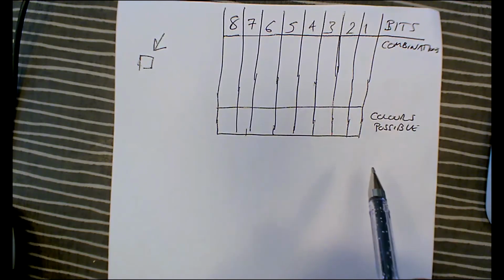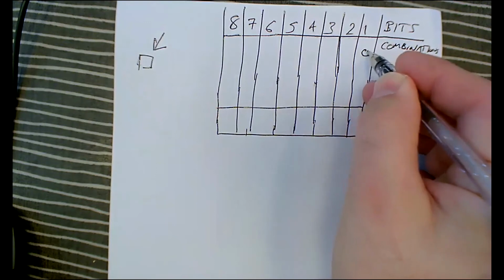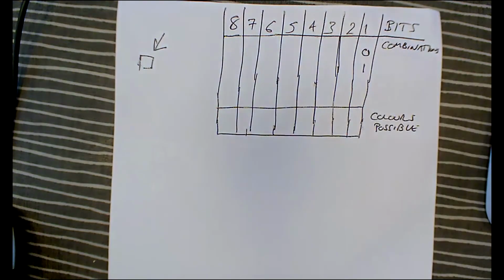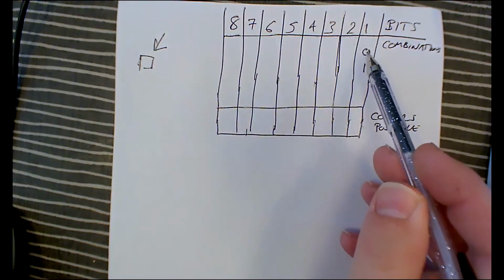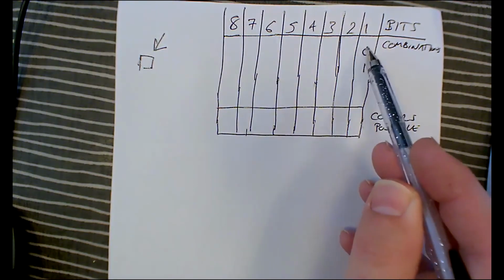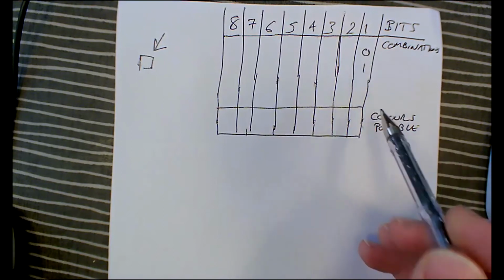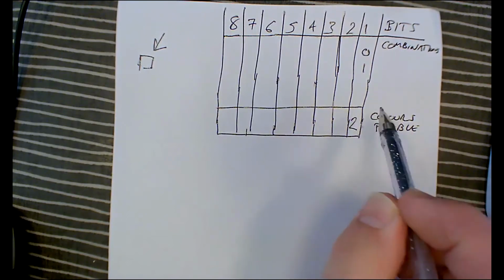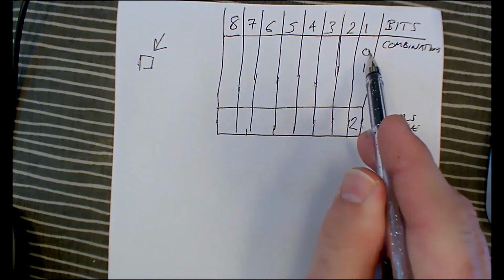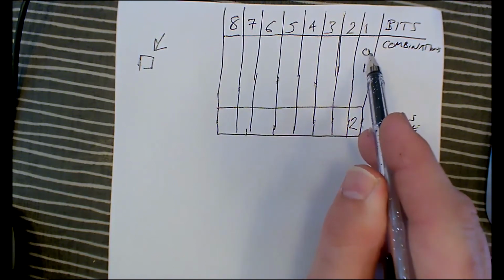Well, we could only have a 0 or a 1. If you've got 1 bit, you can only have a 0 and a 1. So the colors possible are two colors, 0 being black and 1 being white.